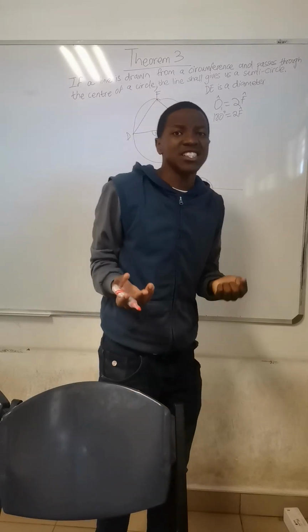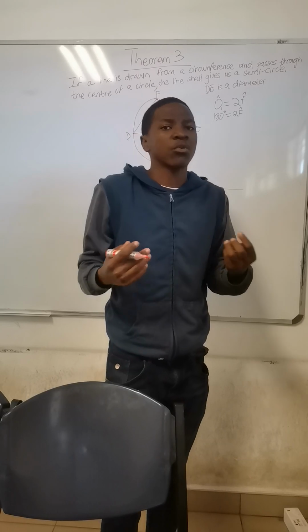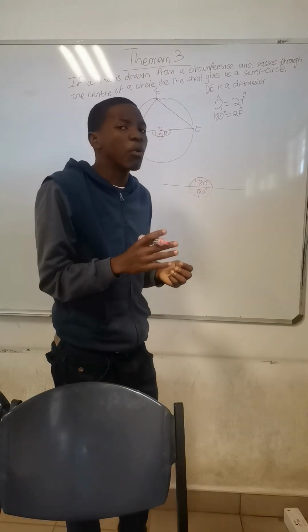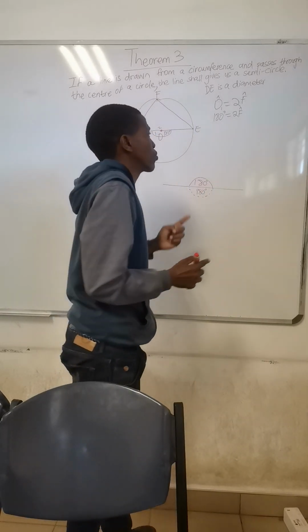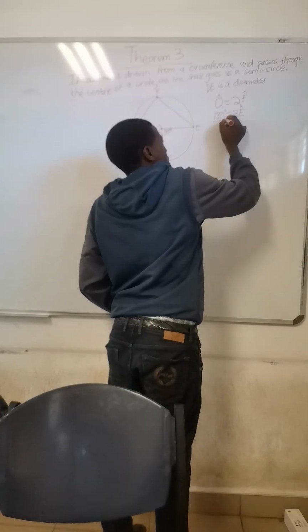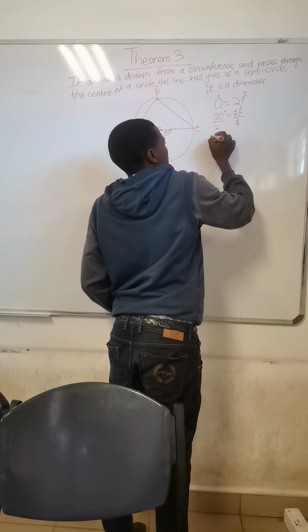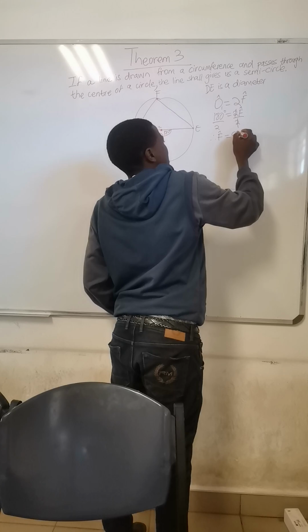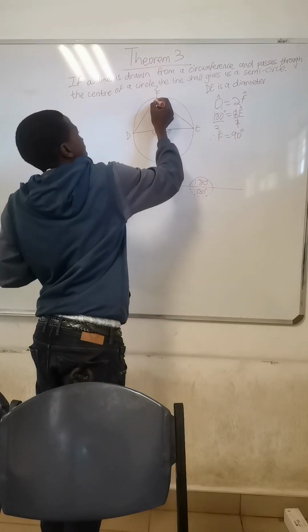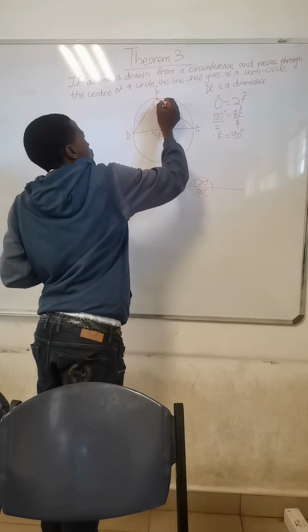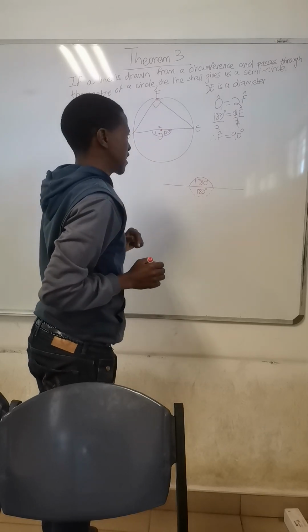Do you get it? For us to get rid of this 2, either we multiply by the reciprocal or we divide by 2 on both sides. What you do on the left, you also do on the right. As you divide both sides by 2, the 2s cancel. Therefore, angle F will be equal to 90 degrees. It means that an angle there will be equal to 90 degrees.